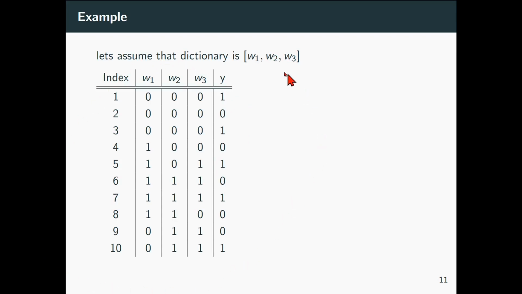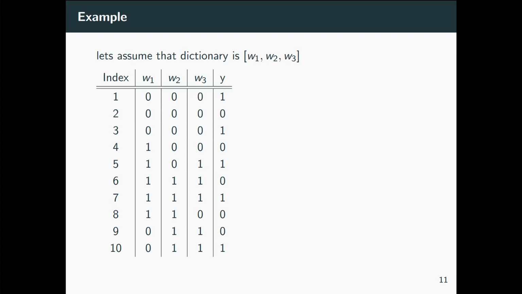Given these 10 examples, we want to learn a naive Bayes model and then predict for a new example, which means a new tuple of w1, w2, w3. At this point I'll request you to pause the video for 3-4 minutes till you're able to work this entire thing out on your own.